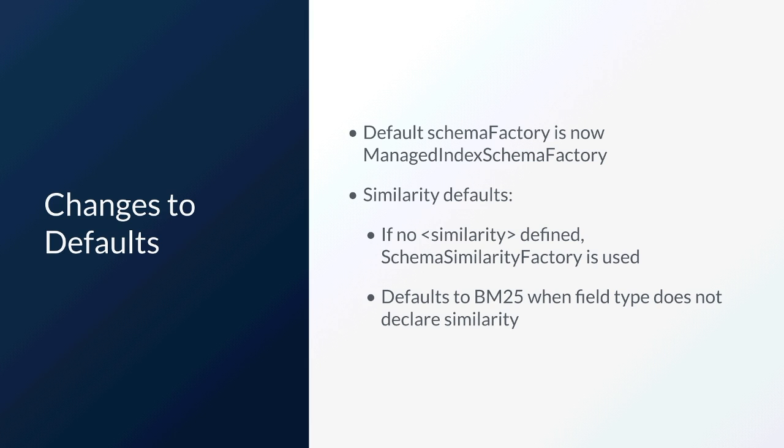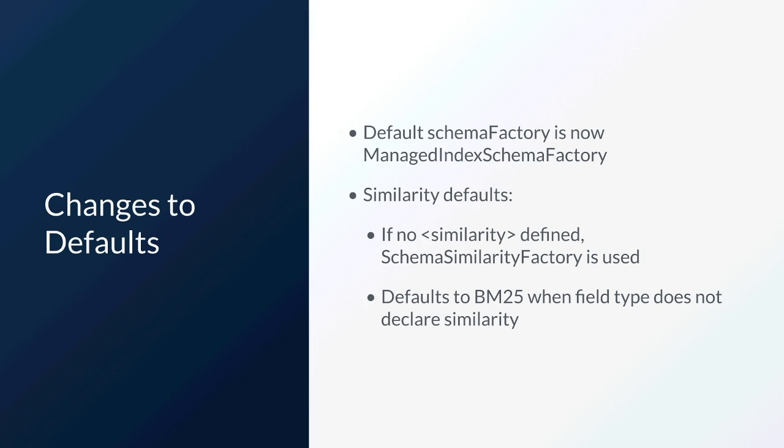There's some changes to default behavior that we should be aware of. One is that the default schema factory is now the managed index schema factory. So when you start Solr from scratch, you will no longer see a schema.xml file. You'll see a file named managed-schema that is designed to be used with the schema API only, and not modified manually.